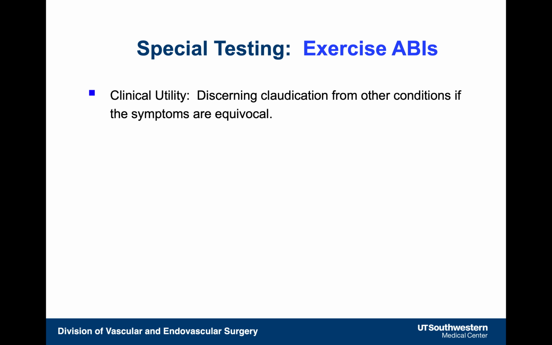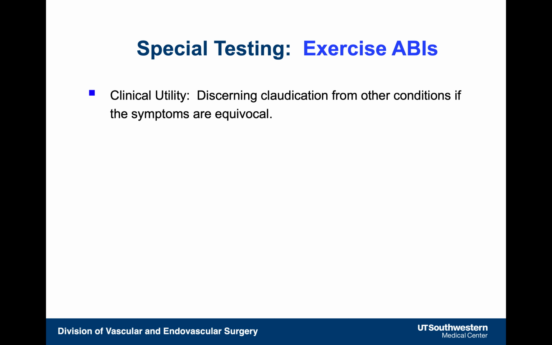When I was a resident several years ago, it was very interesting to do this test on our own, without even the tracings. Oftentimes, patients who had true claudication had impressively abnormal ankle brachial indexes, whereas those patients who had normal ABIs after walking and development of symptoms had no vascular disease.